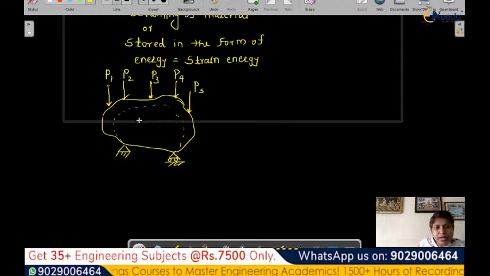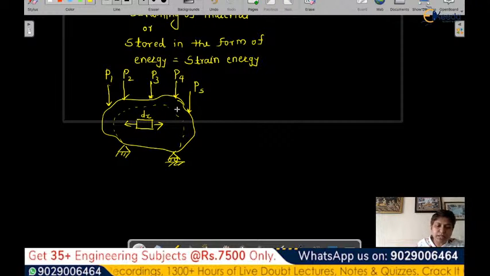Now when we consider some element, having a length dx and area dA, and we want to plot its curve, what is the relation of stress and strain?